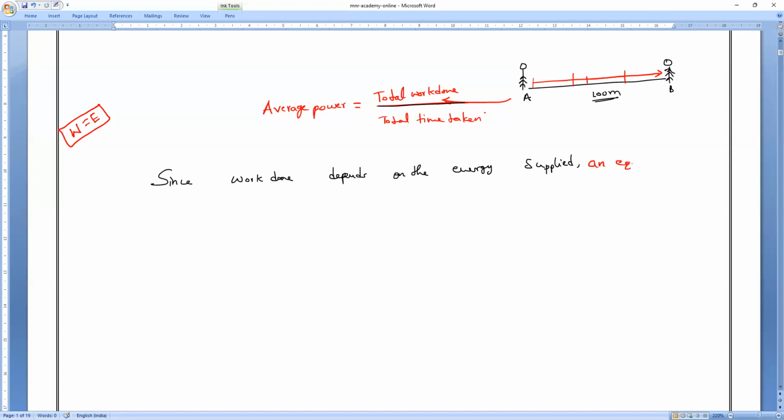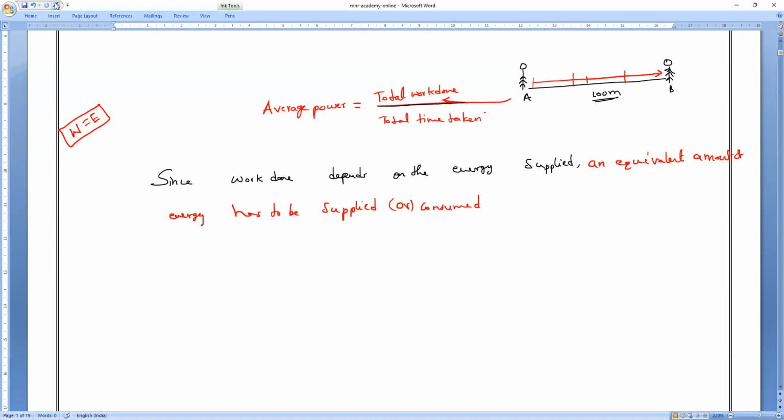An equivalent amount of energy has to be supplied, or as I told you, consumed. Both are the same.